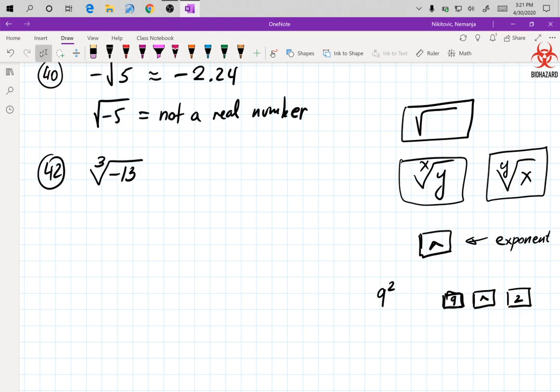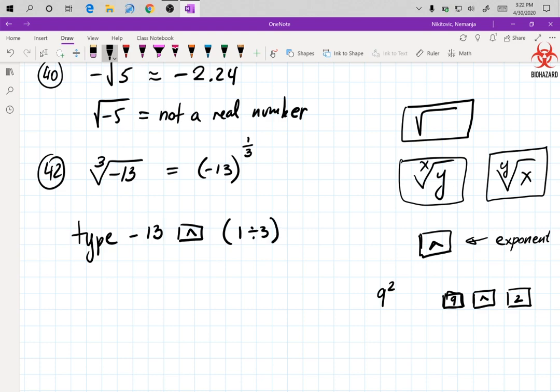How do you press 1 over 3? I mean, cube root. Cube root is going to be exponent, as I said before, of 1/3. So you will type in negative 13, then push the caret, and then in parentheses 1 divided by 3.